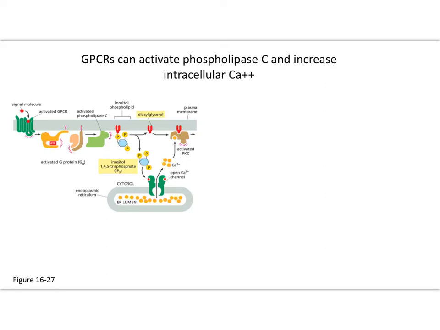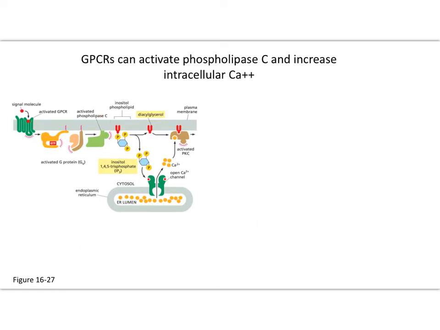Note that phospholipase C is hanging out really close to the membrane. It's actually a membrane-associated protein, and so it's kind of moving around here. This membrane ends up being a pretty awesome meeting place for a lot of the G protein coupled receptors and the G protein itself.